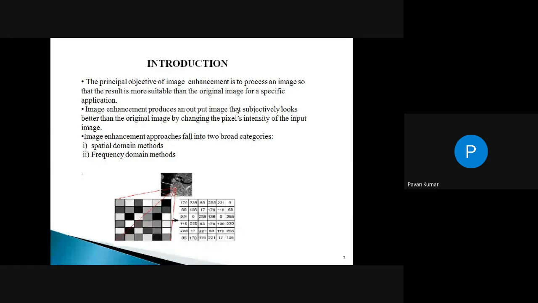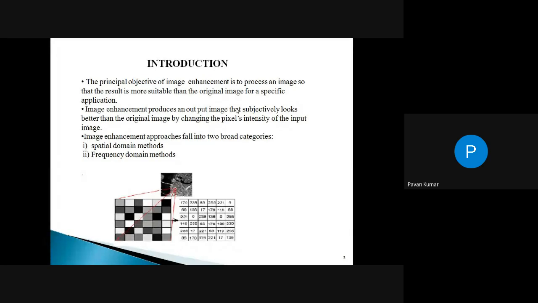Image enhancement methods fall into two broad categories: spatial domain methods and frequency domain methods. Spatial domain methods work directly on the plane image, directly processing the intensity values of the image plane.